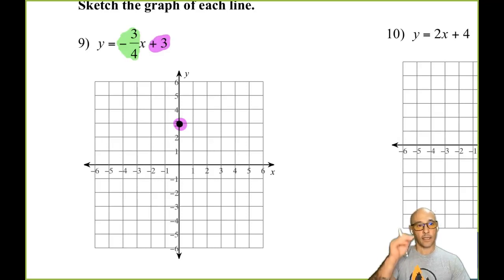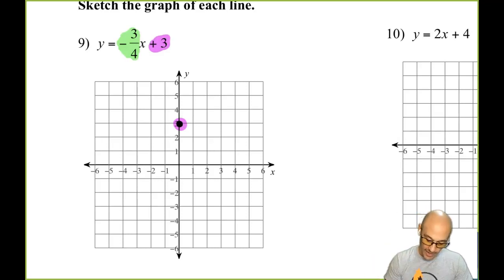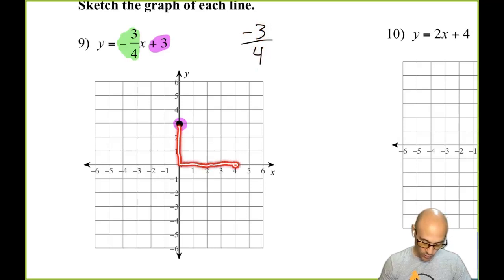Remembering that it's delta y over delta x, I'm going to rewrite that as a negative 3 over 4. And that says to go down 3 and to the right 4. So down 3 and to the right 4 is going to put a point right there.